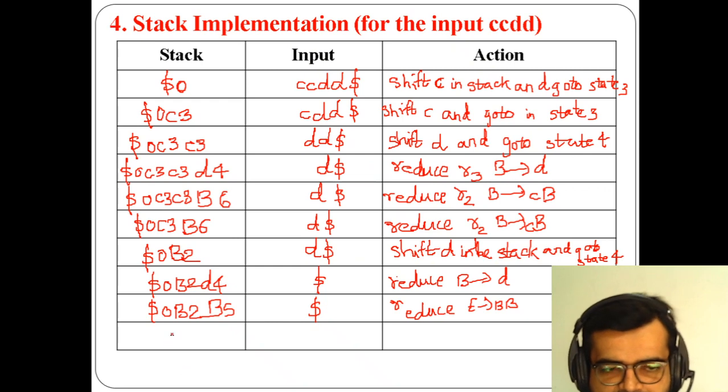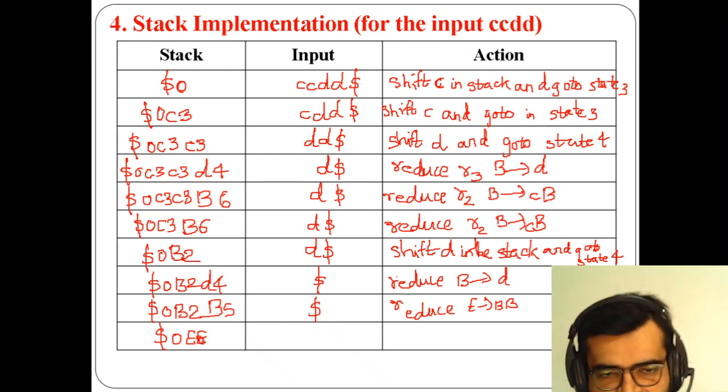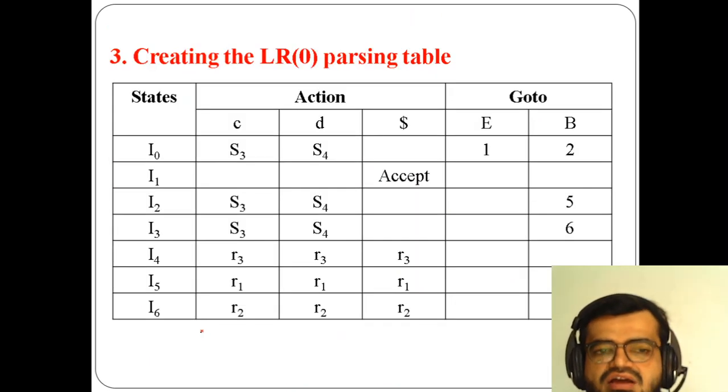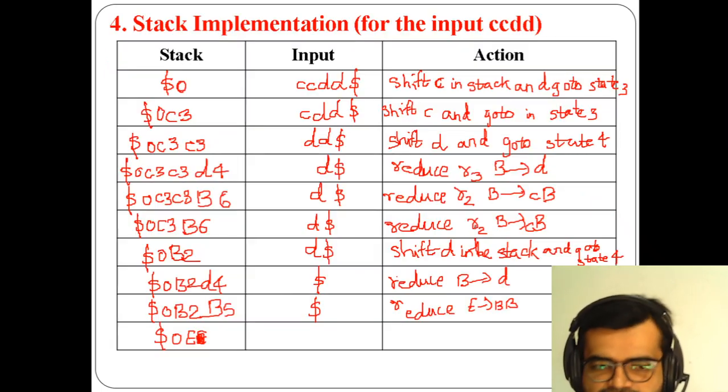So finally what I am writing here is $0E. Sorry, this is just E only, right? E of BB. So E will be there, and this E will be there where it is in the first state, because I am using this I0. Okay, the first state. So here I am writing E1.